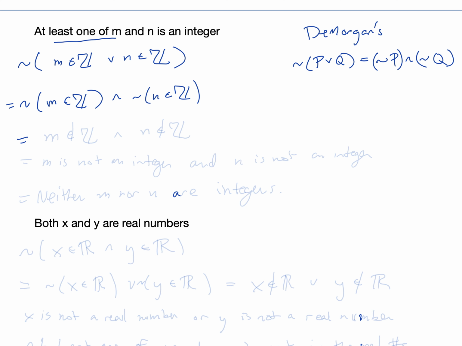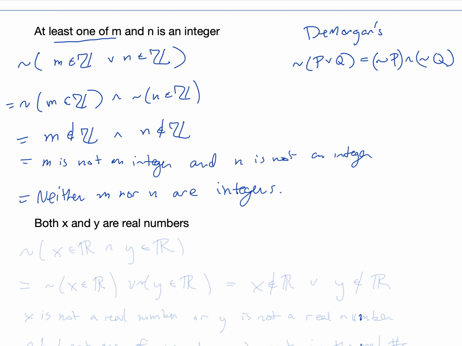This is equivalent to m is not an integer and n is not an integer. And if we wanted to write that in words, m is not an integer and n is not an integer. Or we could write it as neither m nor n are integers.